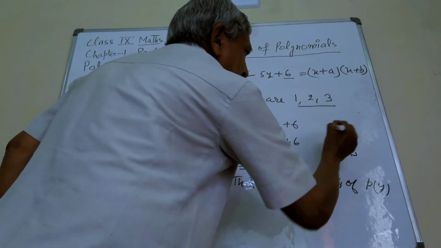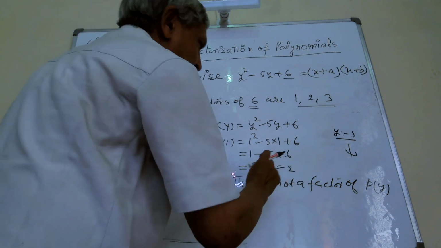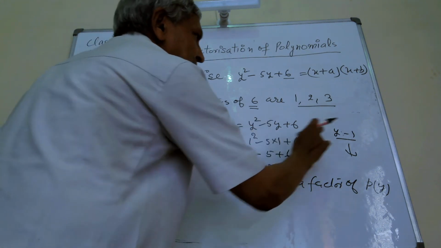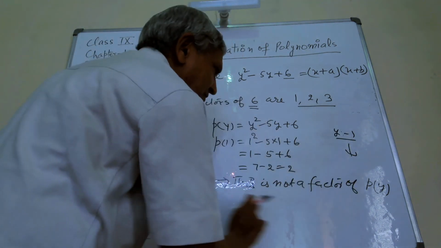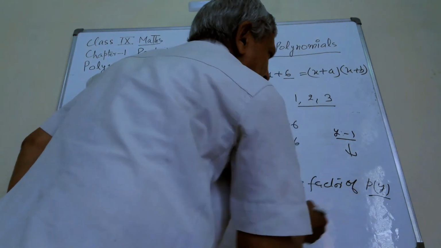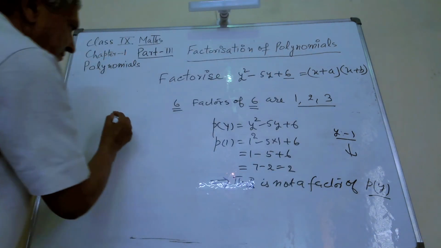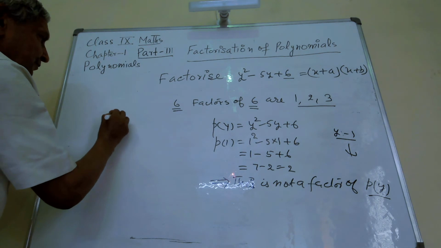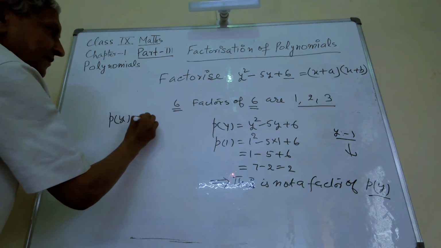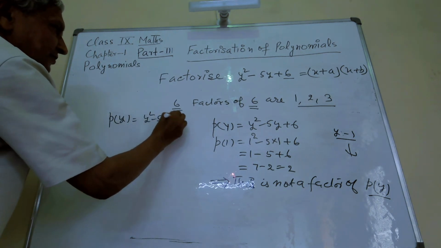Here I made a mistake, because the polynomial is in y. So y minus 1 is not a factor of P(y). So check another factor. P(y) is equal to y square minus 5y plus 6.